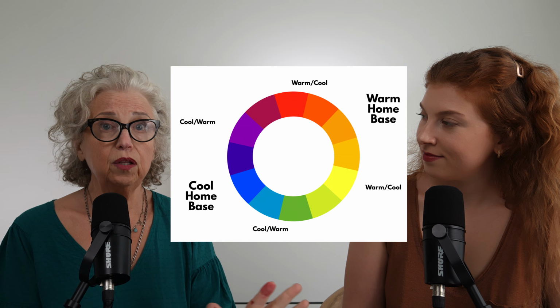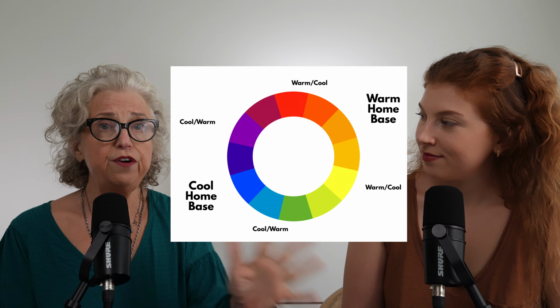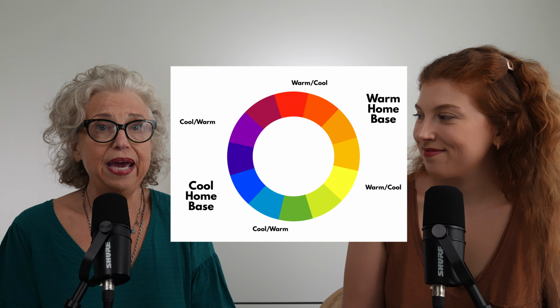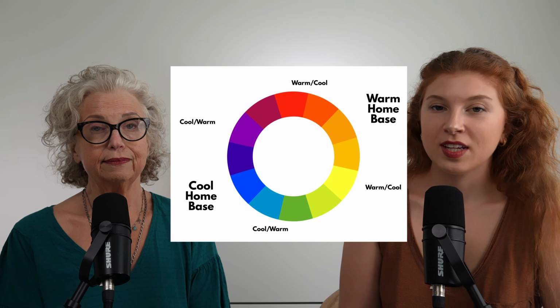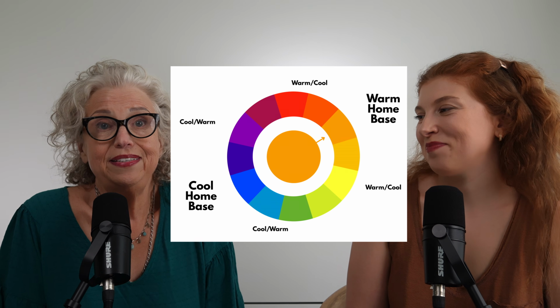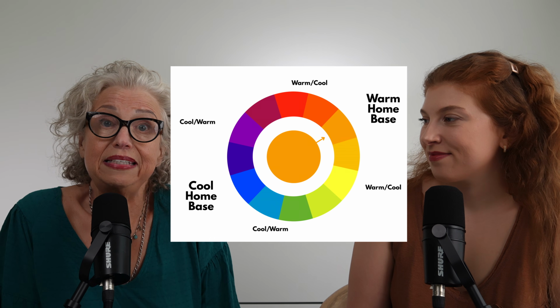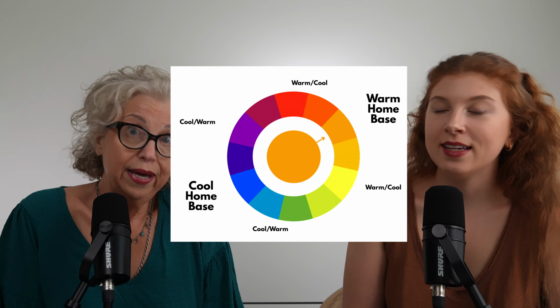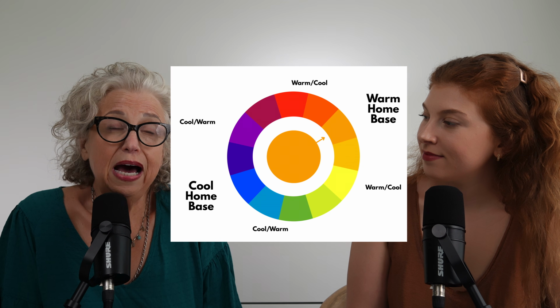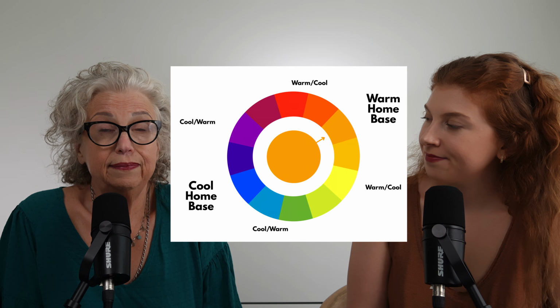What color on the color wheel has no options, no facets? What color on the color wheel cannot be made cool? I think you've already given it away. I did. Orange. Orange is an outlier because what are its neighbors? Red and yellow. Both of those colors are predominantly warm.